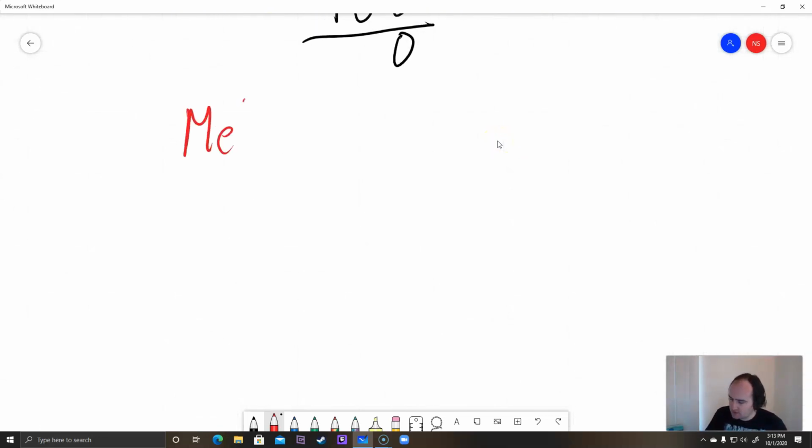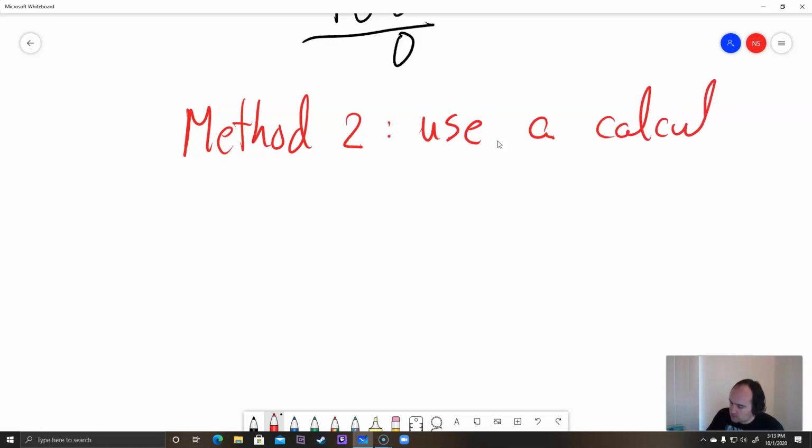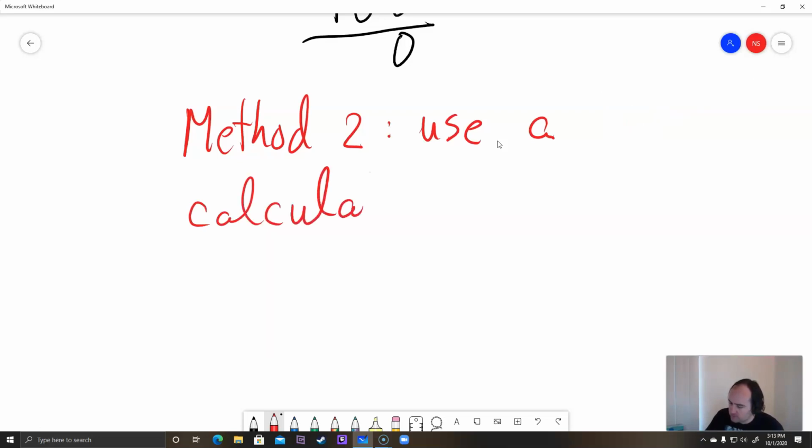Method 2, use a calculator. Method 1 shows us how it works. Method 2 is fast. This is way faster.